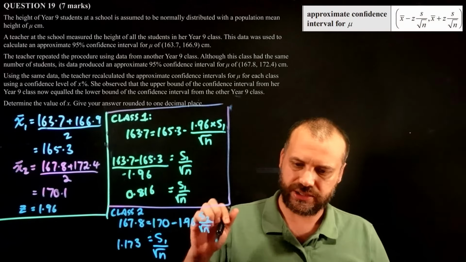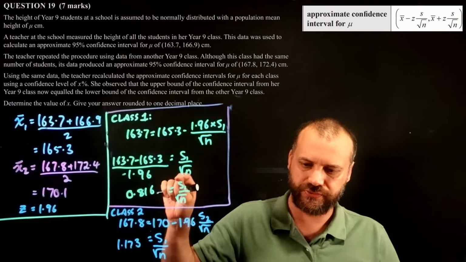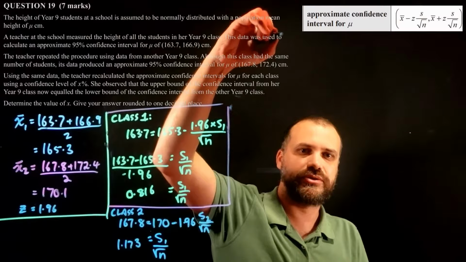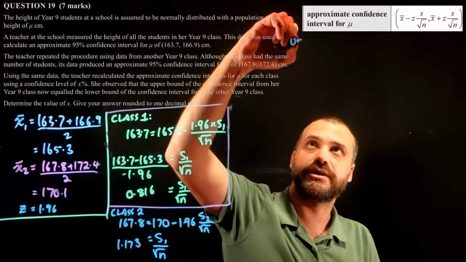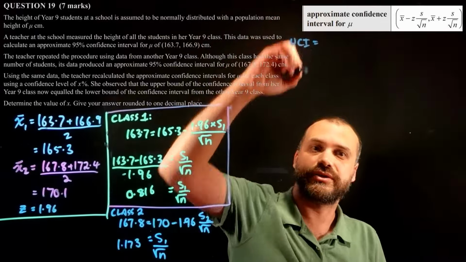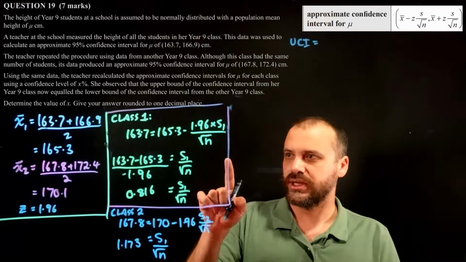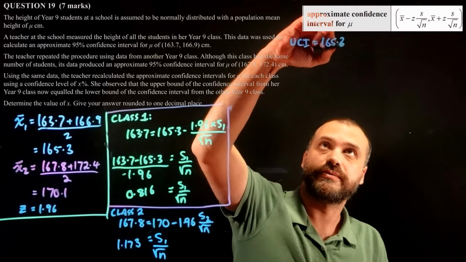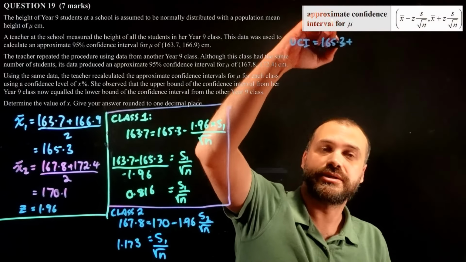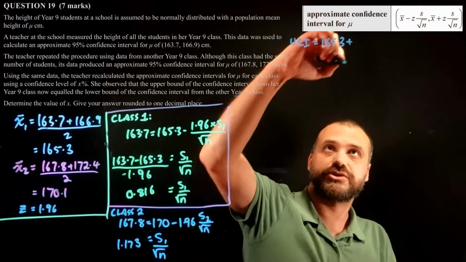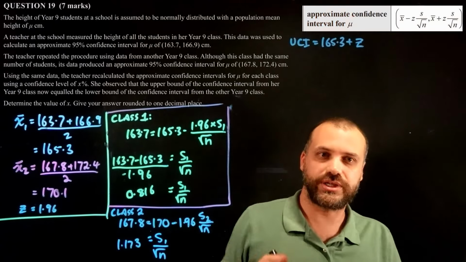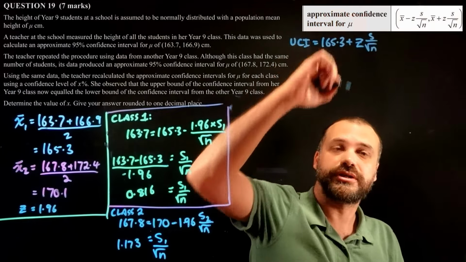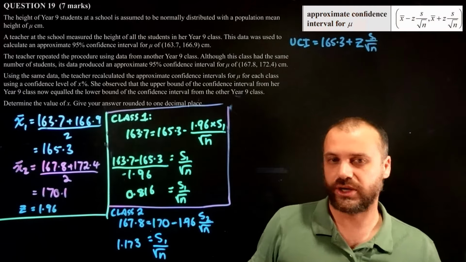All right, what does it say? She observed that the upper bound of the confidence interval from her class. So let's find an equation for the upper bound of her confidence interval. Upper confidence interval. Now that's going to be equal to the mean, so 165.3, upper, so plus, and then some unknown Z score, don't know what the Z score is, and then S over root n, or I guess S1 over root n.